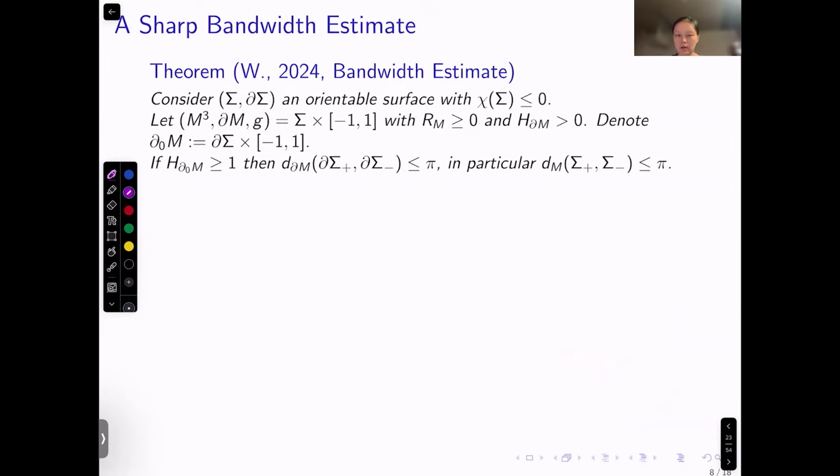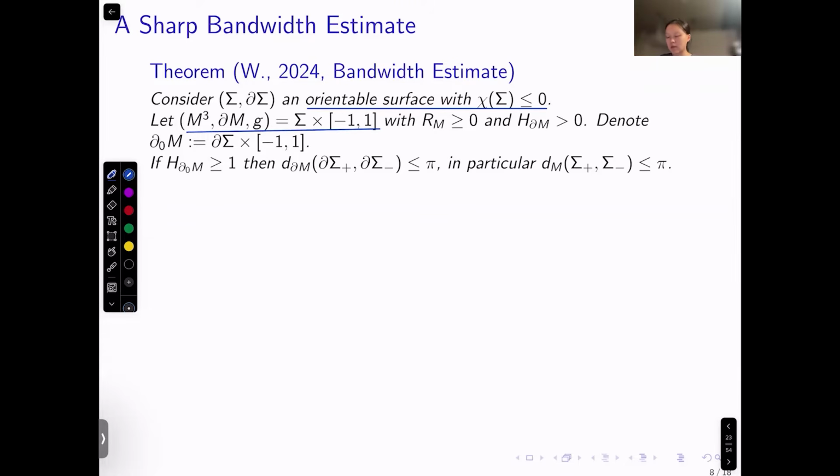As an example of the use of theta bubble, we will show a bandwidth estimate in the case of a band over a manifold with boundary. For surfaces, let me look at an orientable surface with non-negative Euler characteristic, and a band over this surface.